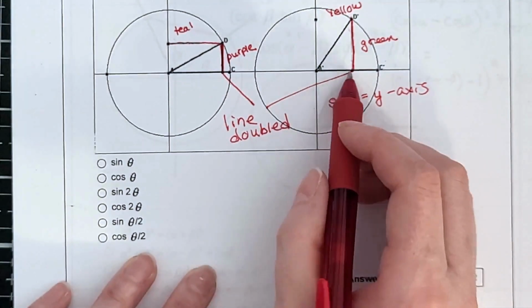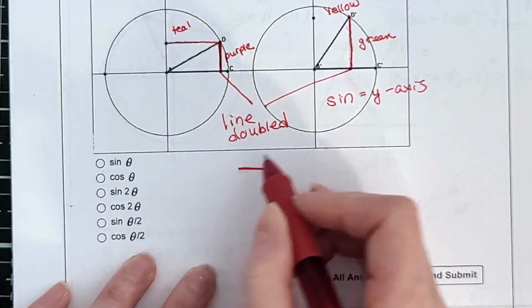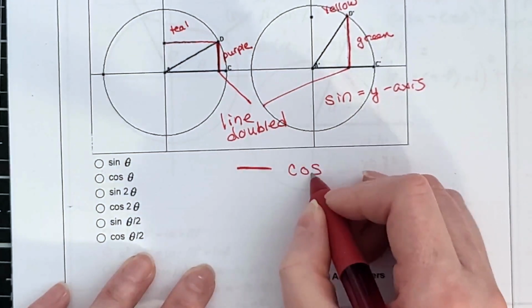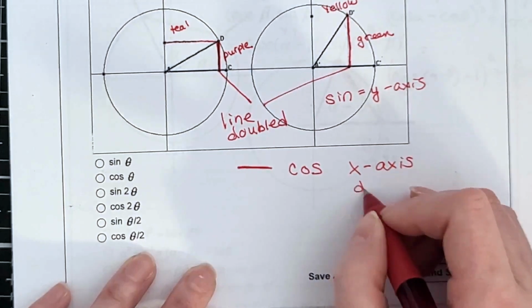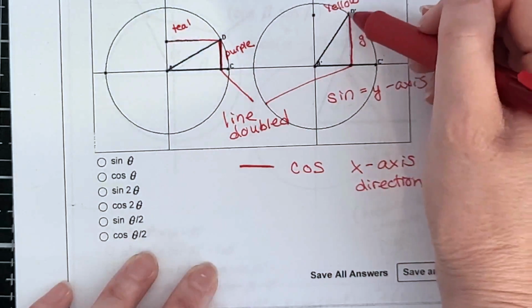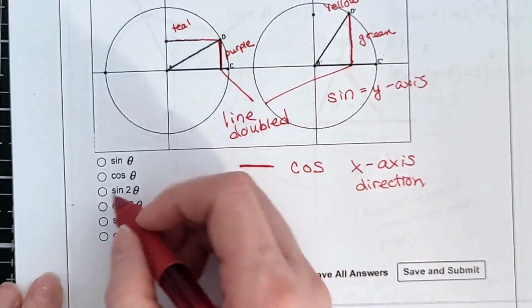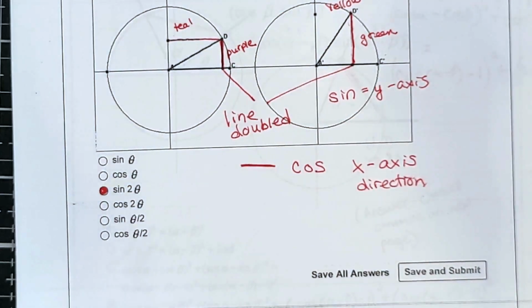If they were asking about the line going this way, side to side like that, cos would be what you would use. Cos would be the x-axis direction. So if you look from here to here, the line doubled, so you're going to use sine of 2 theta.